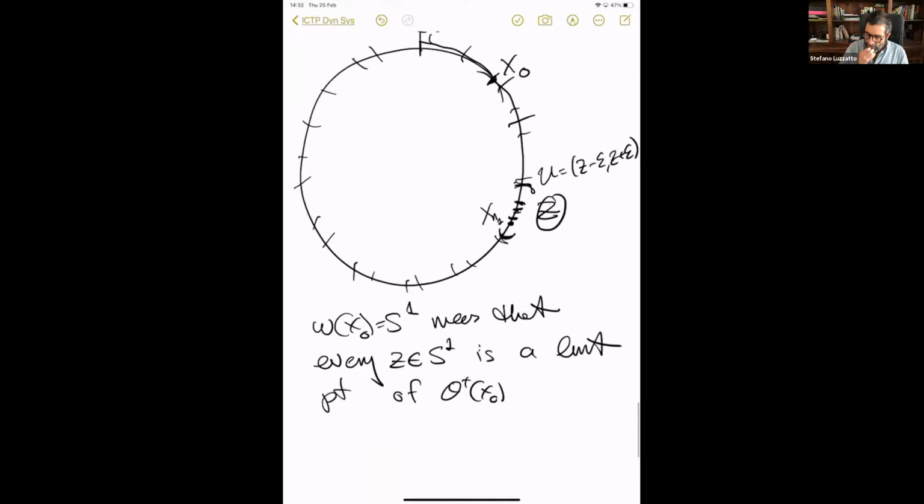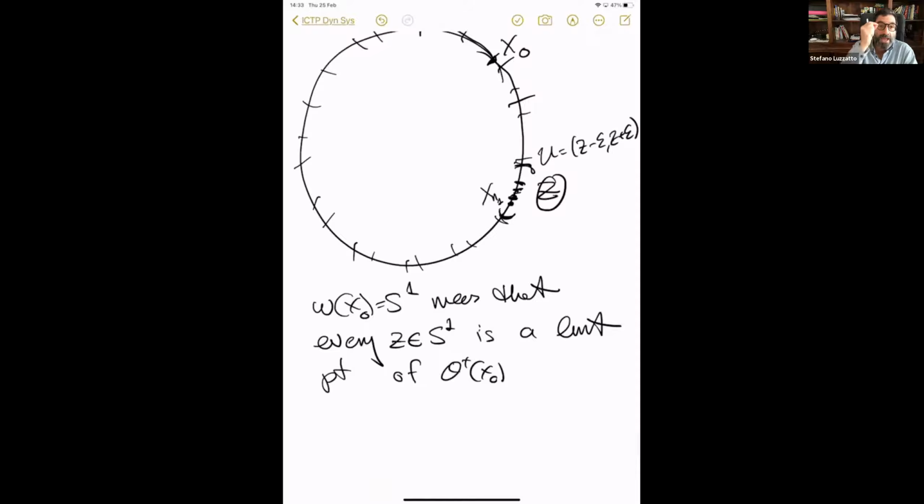So how do we show that this happens? How do we show that the orbit of x naught intersects every single arc of the circle? Because basically that's what we're saying, right? We need to be able to show this for every z.